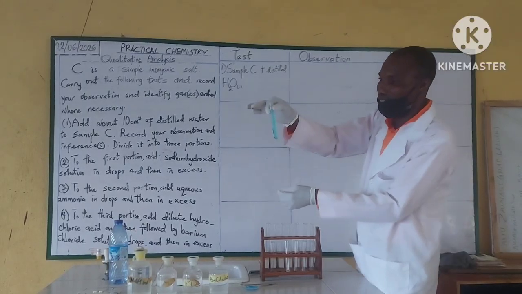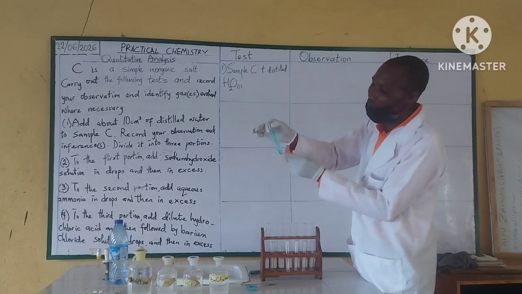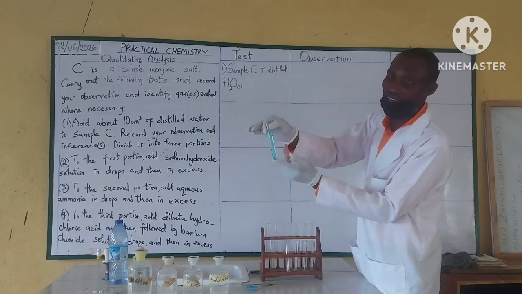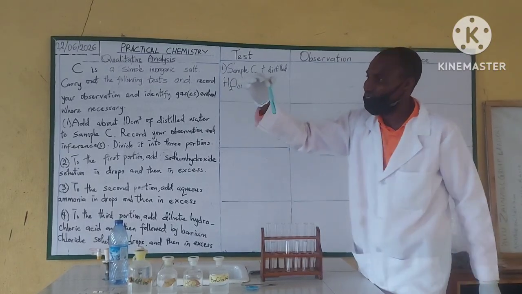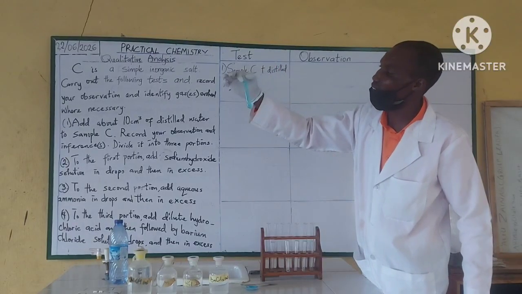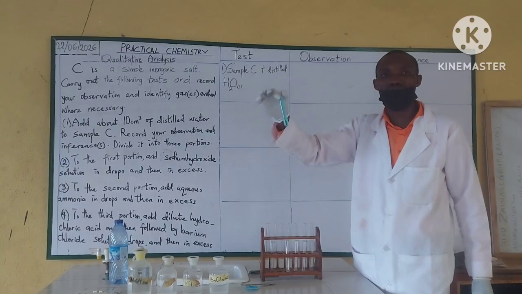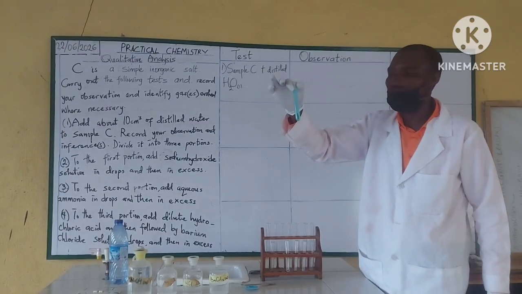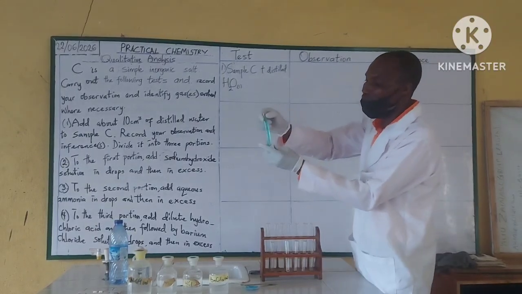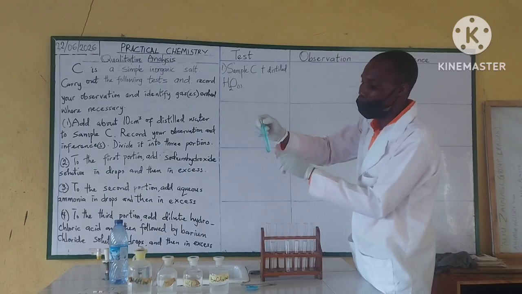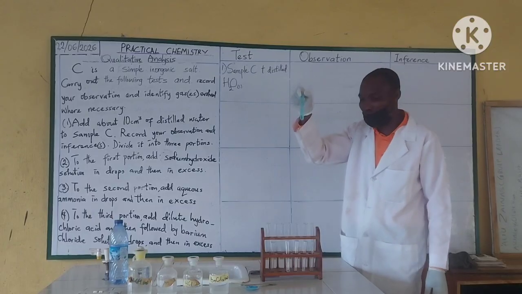We can see that here the sample C dissolves completely in the water to give a color. We need to identify the color of the solution formed. Is it a colorless or a colored solution? We mention the color. It means sample C dissolves in distilled water to give a blue solution. Of course, everybody can see this is a blue solution.